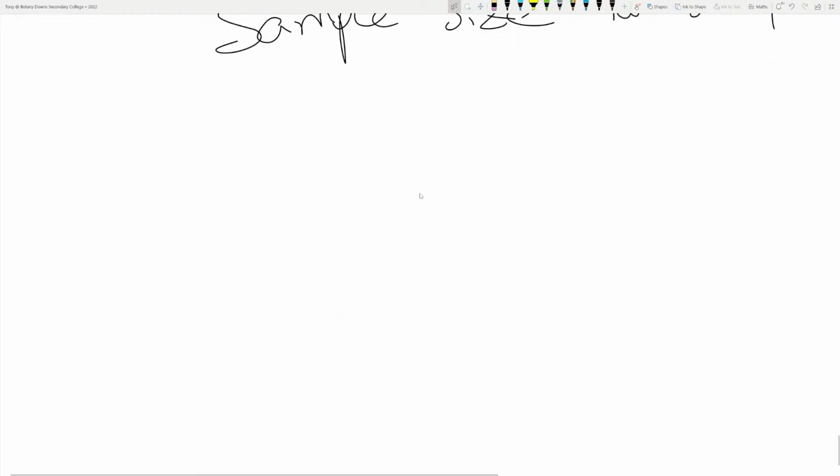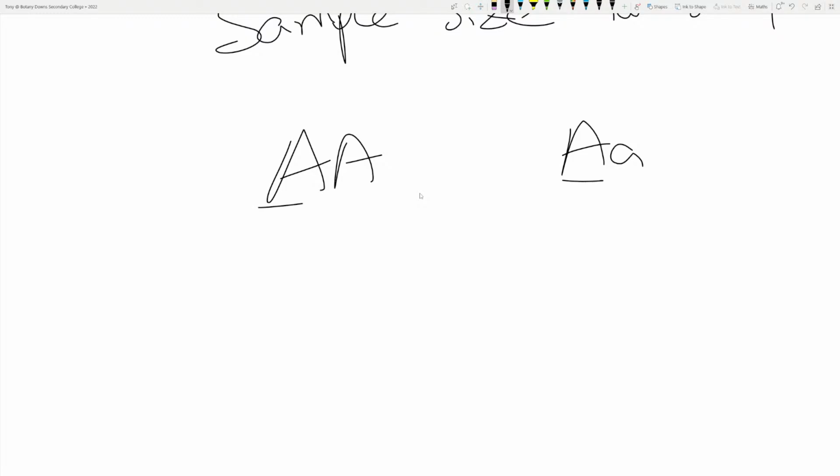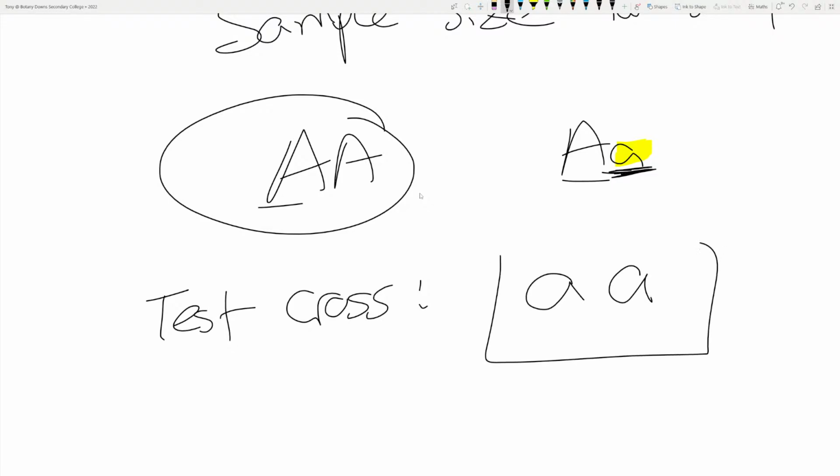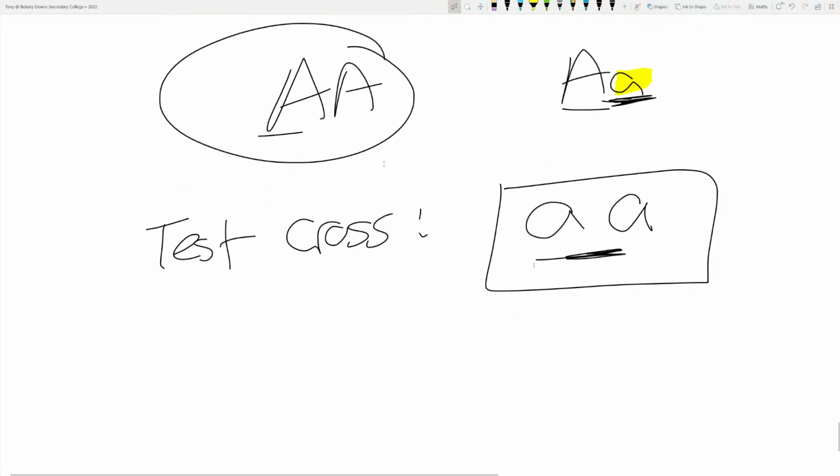So you know how if you have, like say, big A, and then another individual that looks exactly the same, that's big A, small a, how do I figure out which one's purebred? This is purebred, but how do I know that? So this small a, this recessive allele, is a hidden allele, I can't see that. So how do you distinguish it? When you do a test cross, you always cross it with the homozygous recessive, always, because the homozygous recessive looks different to these two individuals that we got on there.